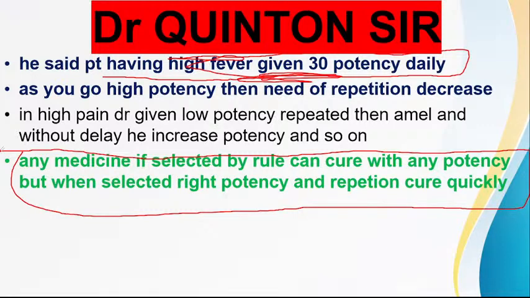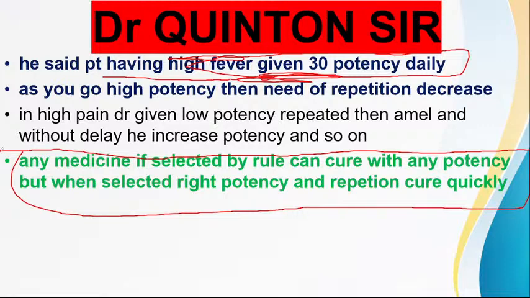Now till now we have seen the different aspects of selection of potency and selection of repetition, but a simple idea is that if your medicine is the minimum, then whatever the potency, whatever the repetition, the patient will benefit. It doesn't matter what potency you choose, and if you have not repeated, then also the patient will benefit.